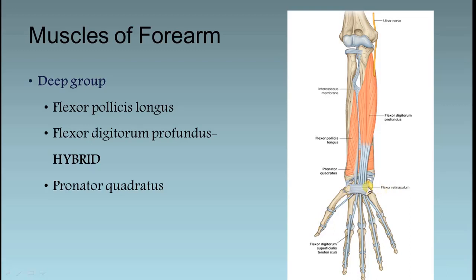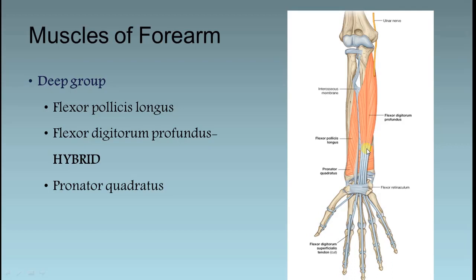So the deep muscles, I will again repeat: flexor digitorum profundus; flexor pollicis longus, a long tendon to the thumb, going and inserting into the distal phalanx, responsible for the flexion of the thumb. In a deeper plane, you see a quadrangular or quadrilateral muscle that is called the pronator quadratus.